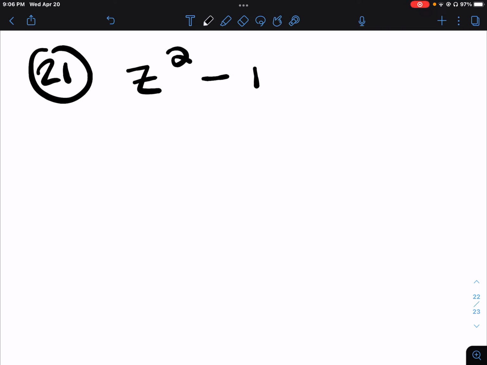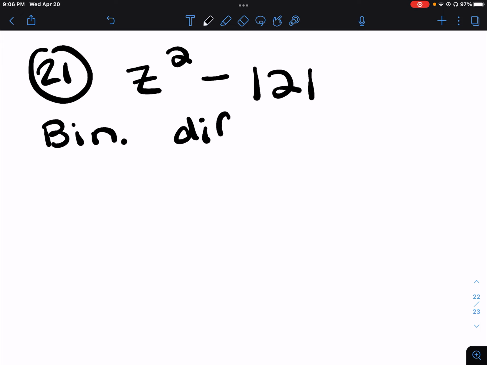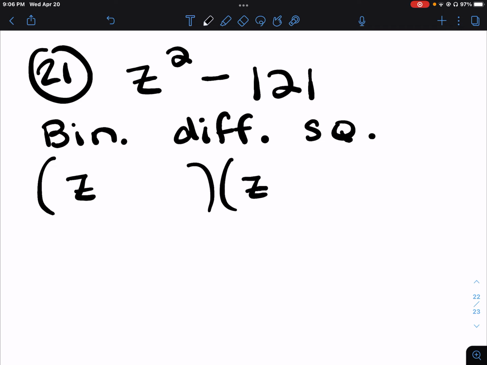Okay, factor, that's z, it's just like x. This is our binomial, difference of squares. Z squared is z times z. 121 is 11 times 11. And what multiplies to a negative?